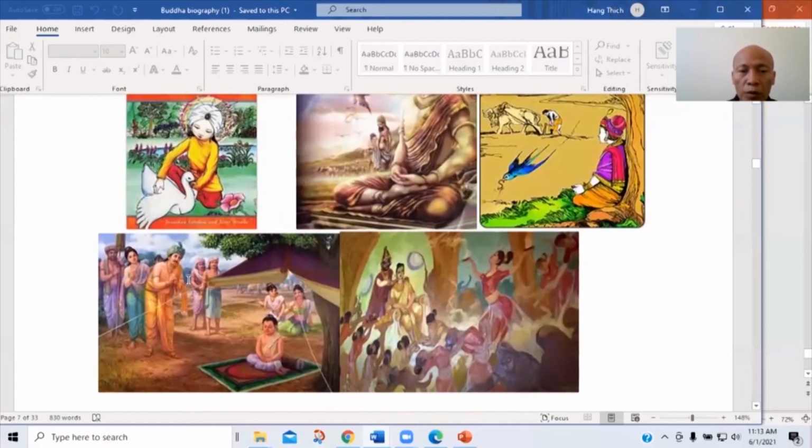Eventually they approached that tree and found him sitting under it, meditating.